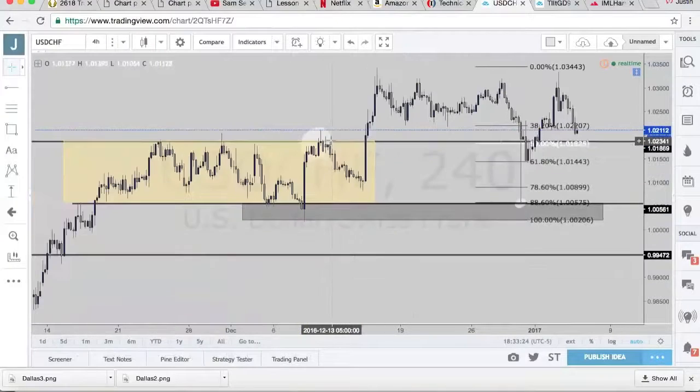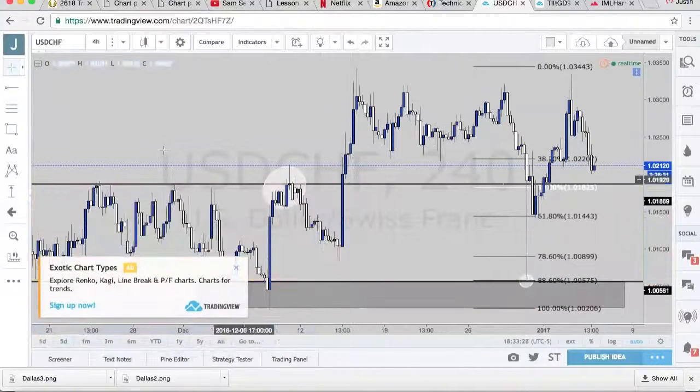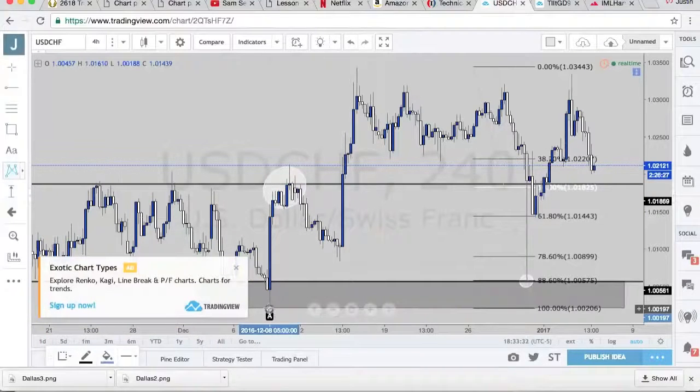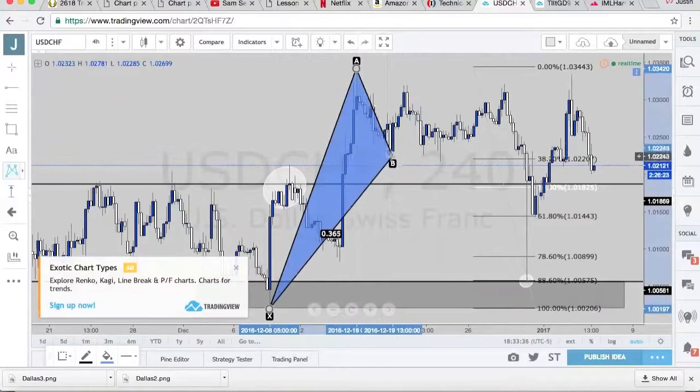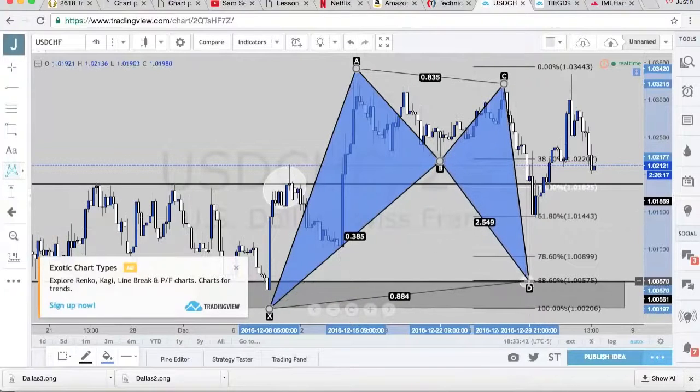So how would you find entry seeing this trade if you were just looking at the scanner entry? Well, let's draw our harmonic again. Down to 38.2, up to here, 88.6, and then down to this 88.6 right here.